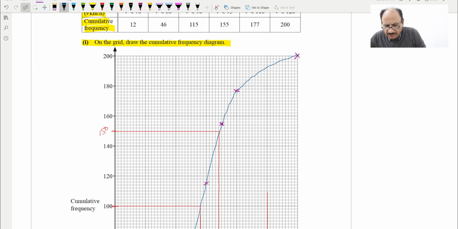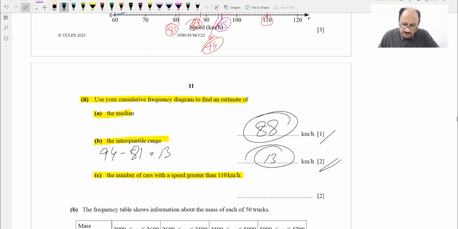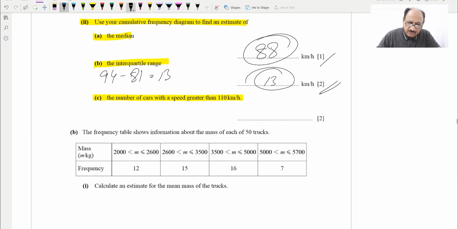If we extend this up to the cumulative frequency curve, it will be like this one, and we can draw this line over here, and this one is around 192, so 200 minus 192 will be equal to 8. So our answer will be here, and this is 8. That is for 2 marks.